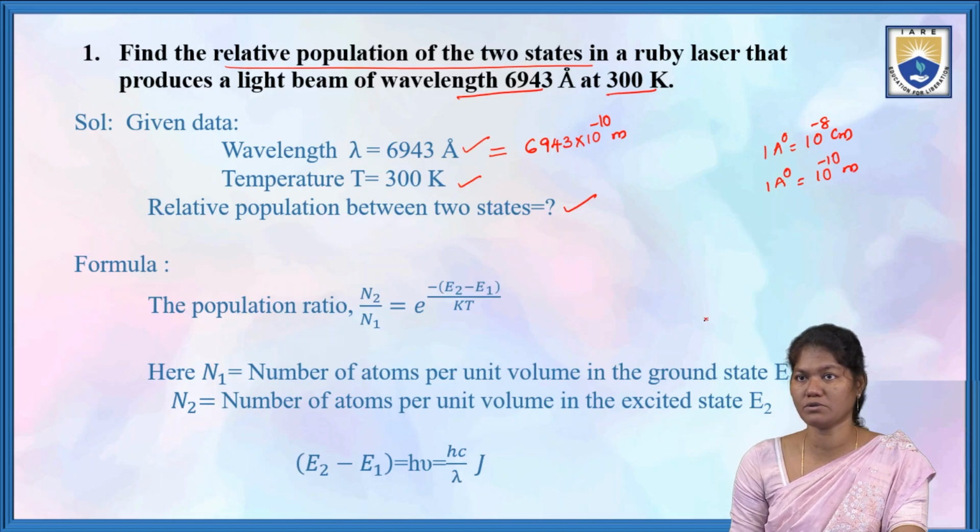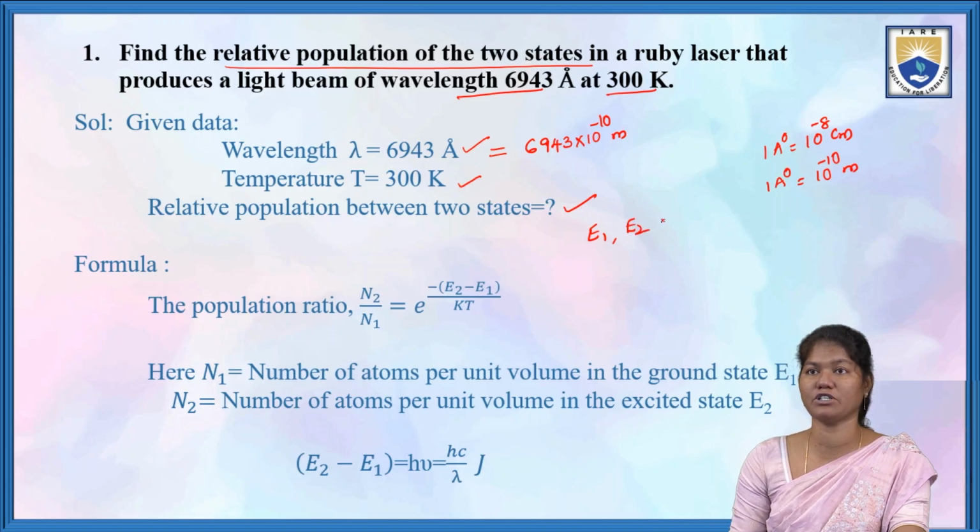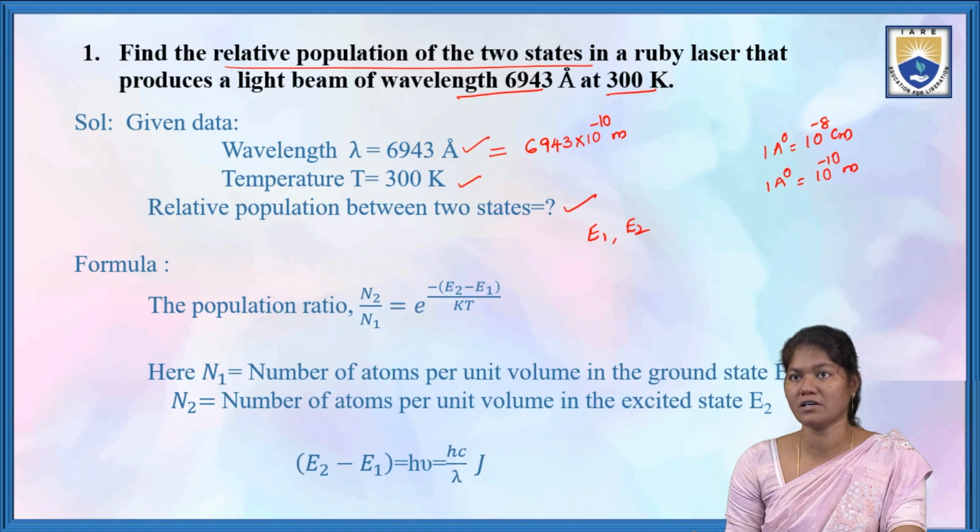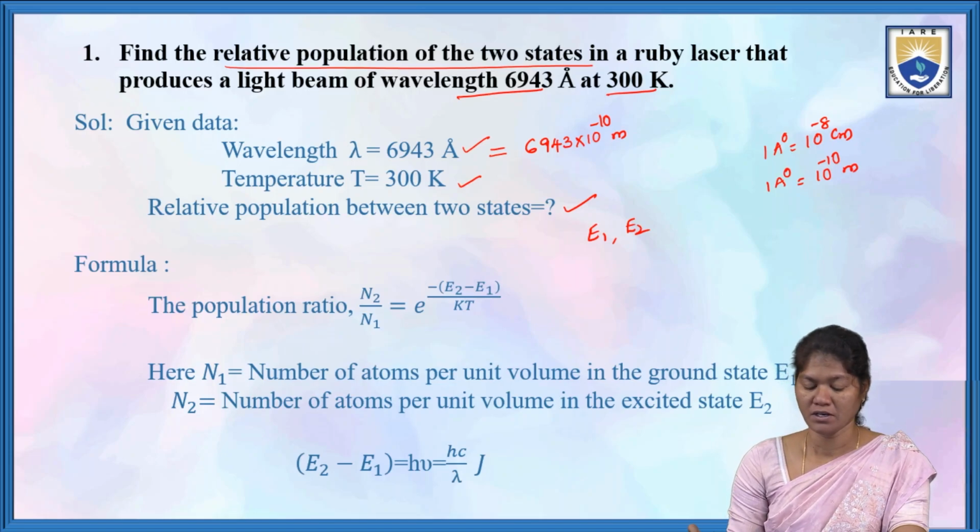So the two states are E1 and E2. These are the two energy states.